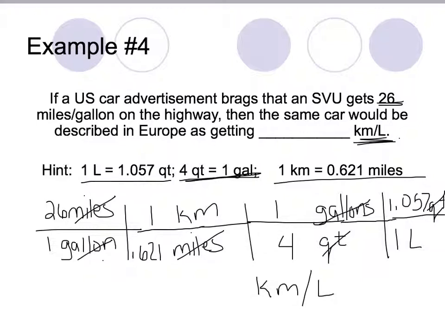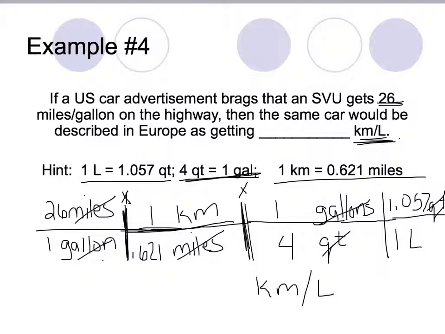Not bad, but what about the numbers? So I start with my 26, and I multiply by 1, but there's nothing there. But I have to go to the bottom. That's dividing by 0.621. So I divide by 0.621. And then I have this line right here. This is the multiplying line. Multiplying by 1. I don't need to do that.